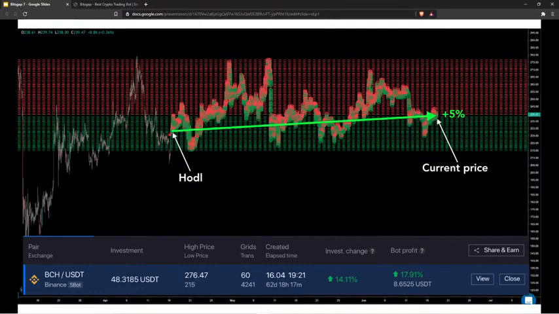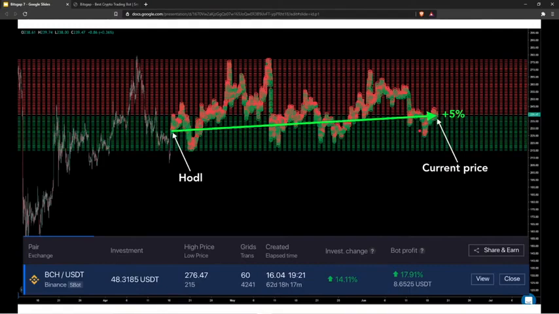So you just purchase Bitcoin Cash at some point of time, let's say over here where I have hodl pointing at. And let's assume you just started to wait for the price to hopefully go higher. What happened is that it's been moving like crazy within this sideways market formation, and you end up with this current price, and from that point to that point you are up by 5%.